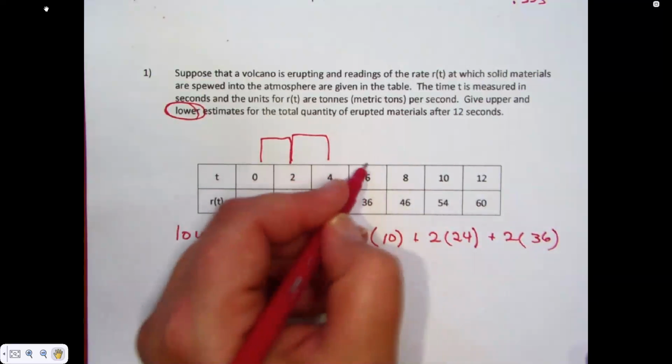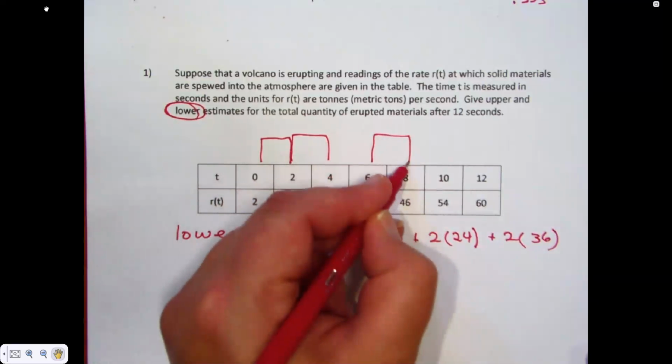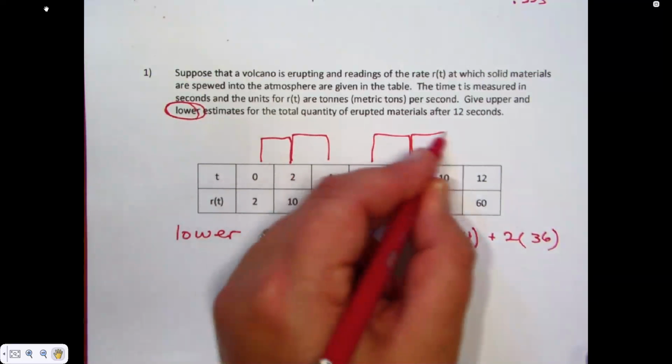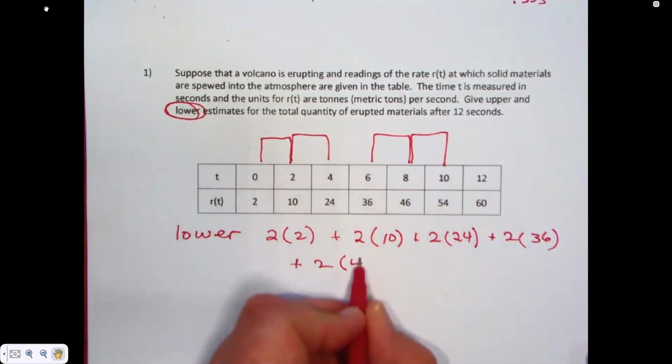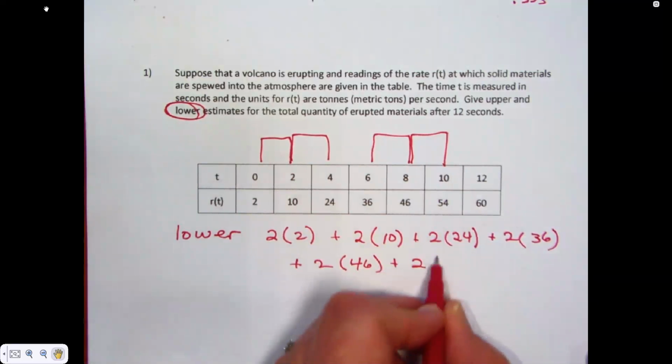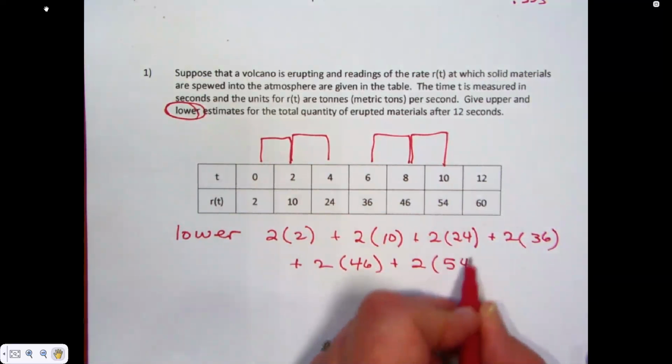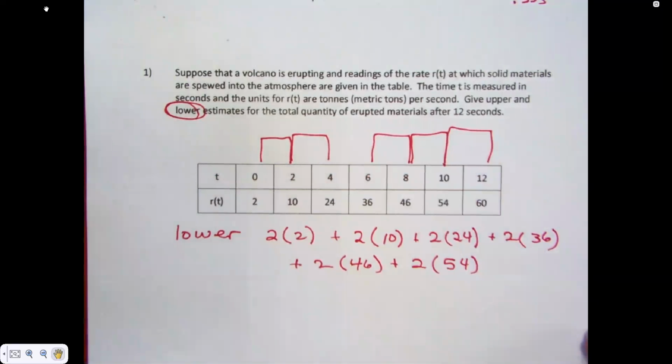We'll stop there. Wait, where was I? So I did this one with height of 36, right? So now this one is height of 46, and then the last one height of 54. This is my last rectangle. How come I don't use 60? Because we are doing left endpoints. And that's it. That'll be my estimate.